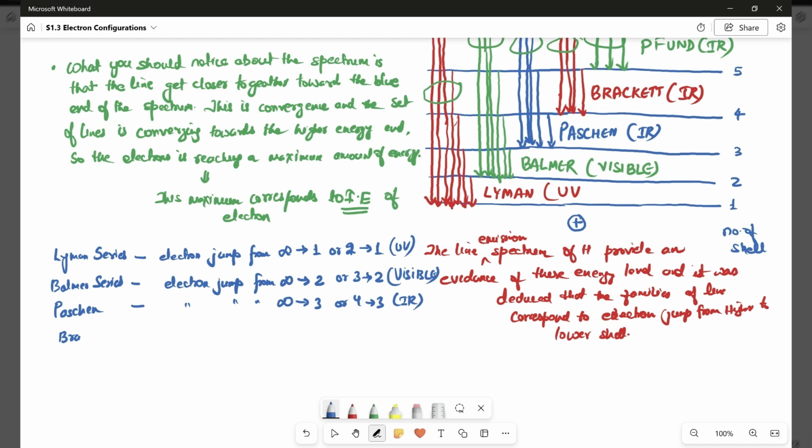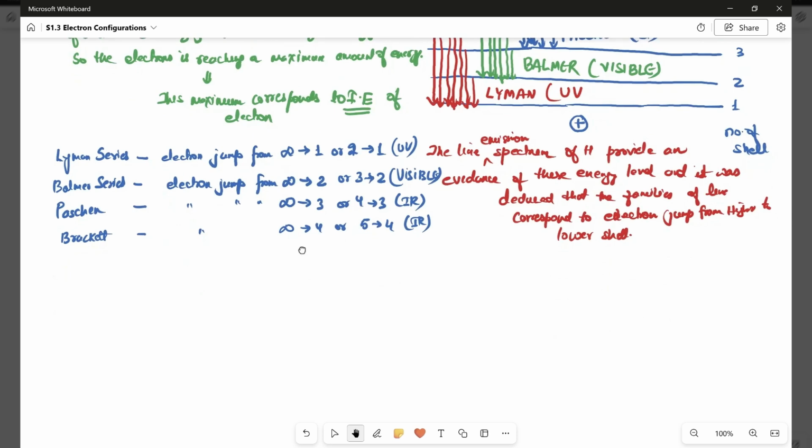Then Brackett: here electrons are jumping from infinity to 4, or 5 to 4. They are again infrared. So these are the different wavelengths of light, generated when the electron jumps from higher to lower.